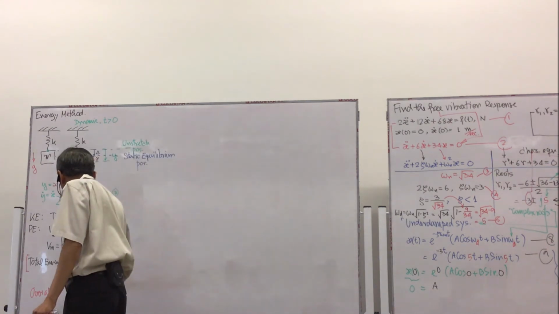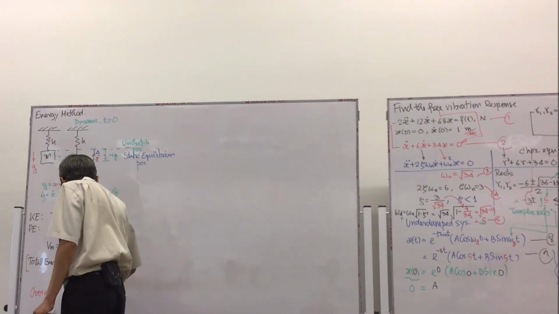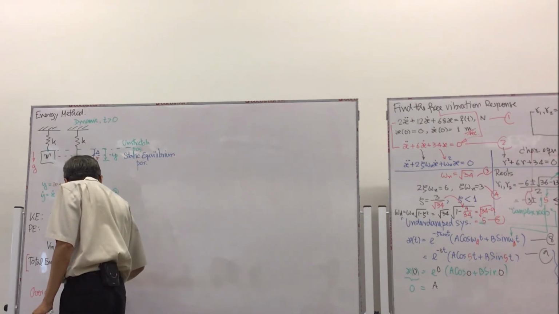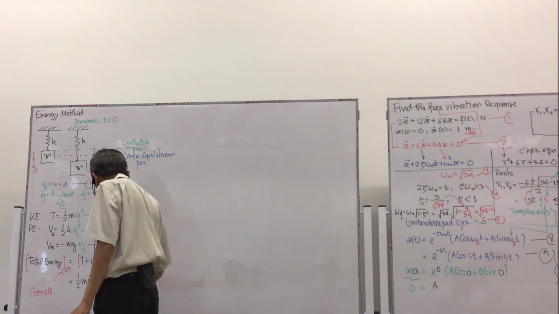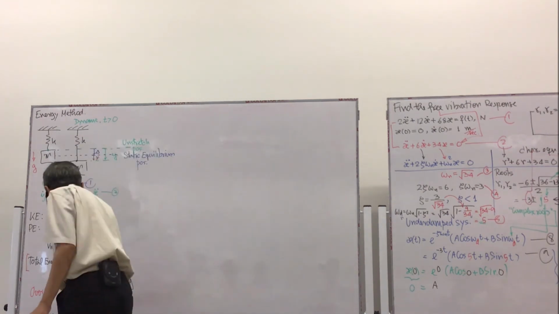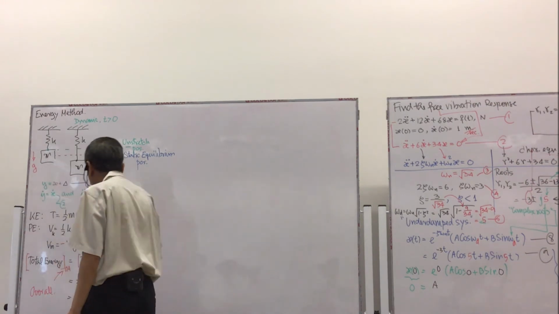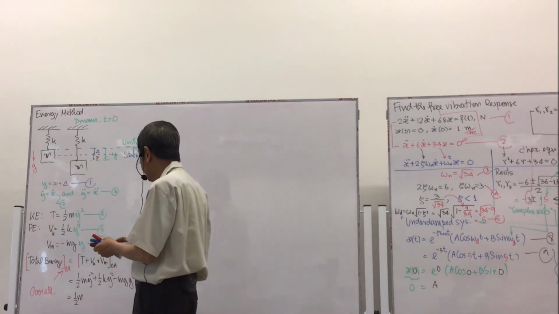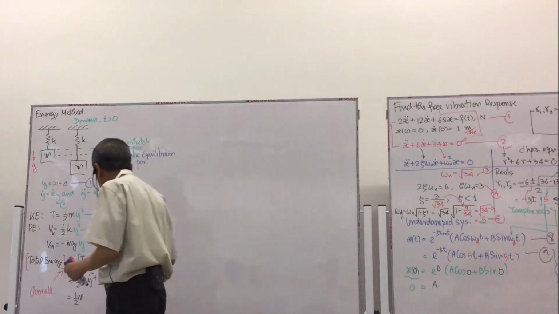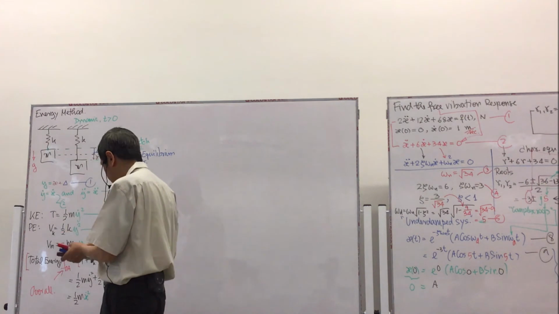So this is going to be 1/2 m y dot squared plus 1/2 k y squared minus m g y. In this case, I can just expand this: y dot squared becomes x dot squared.